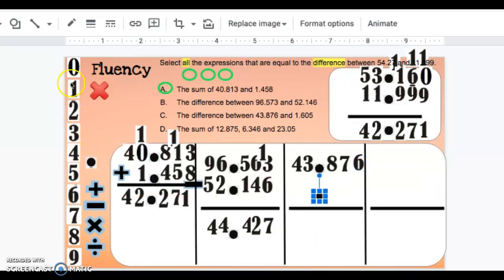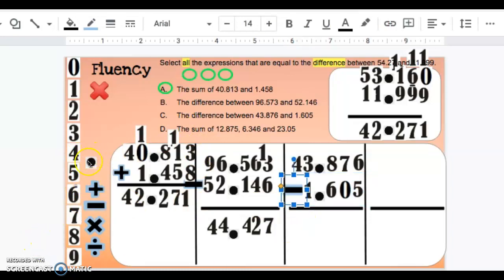I got 1 in the 1 spot, so I put the 1 underneath the 3 because that's based on the 3 is in the 1 spot and the number above. And then I have 6 in the tenths, so I put it in the 10th spot. 0 in the 100th spot. And then 5 in the thousand spot. Difference means to subtract, so I'm going to subtract.